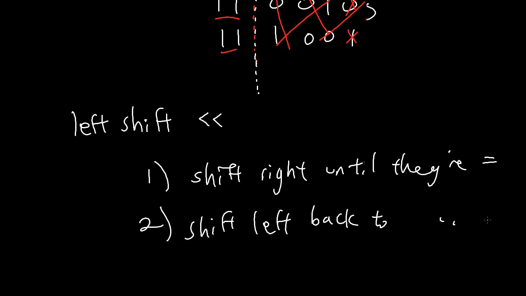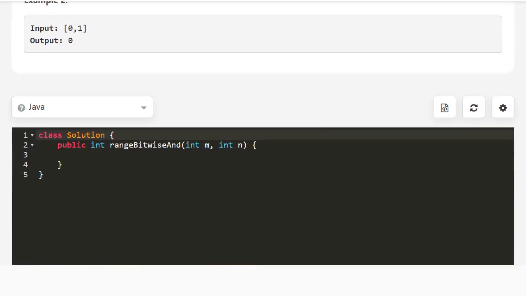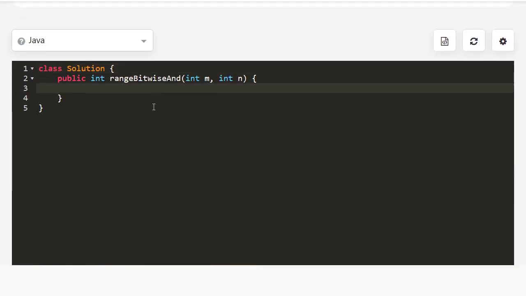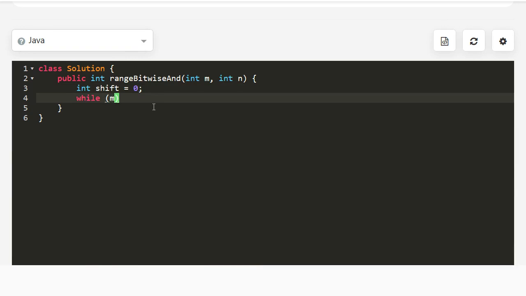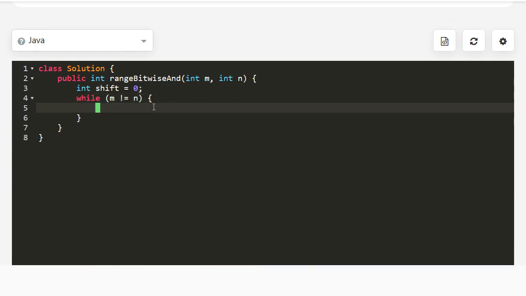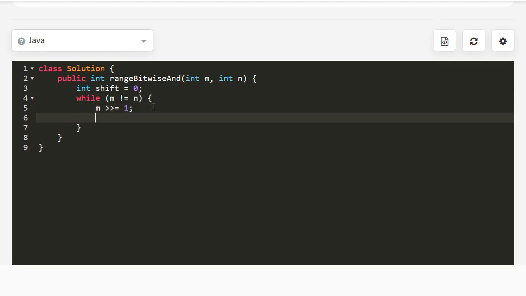Okay, well, let's just code it out. It's going to be very short. So we'll start with some sort of a way to keep track of how many times we've shifted. And while m does not equal n, so while we haven't found the common prefix yet, we will shift m to the right by 1, and we'll shift n to the right by 1.